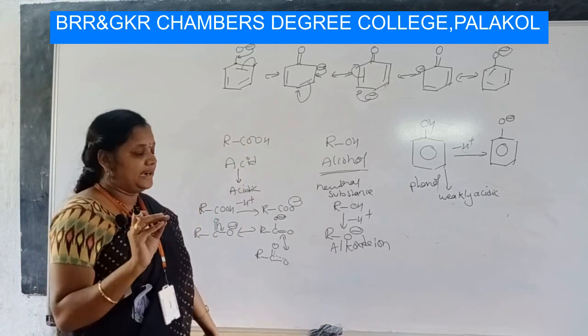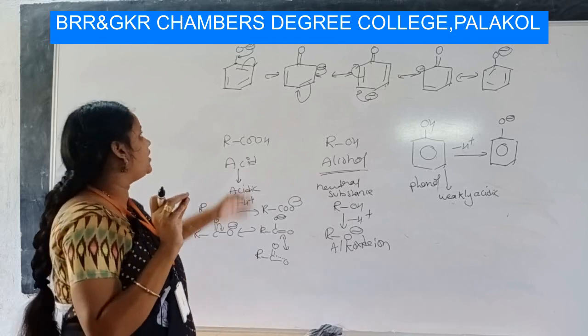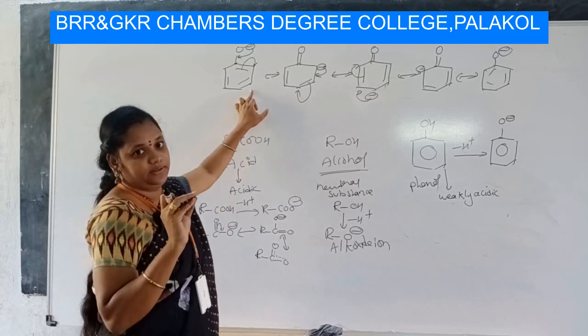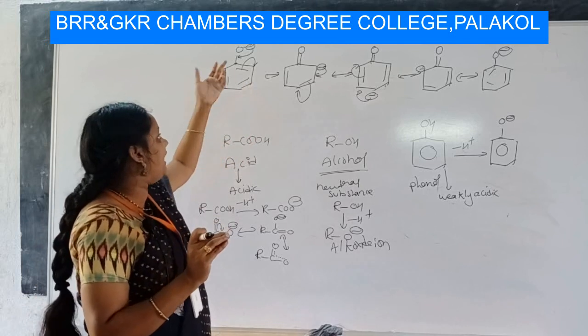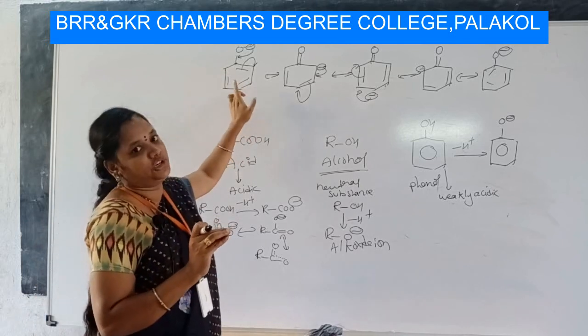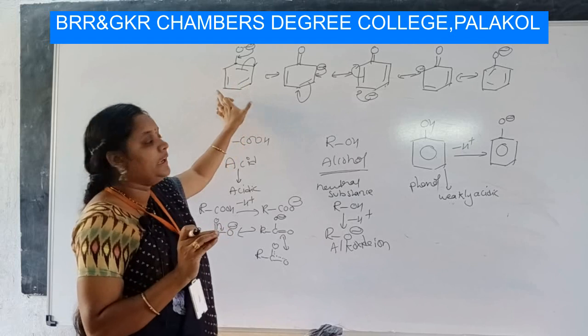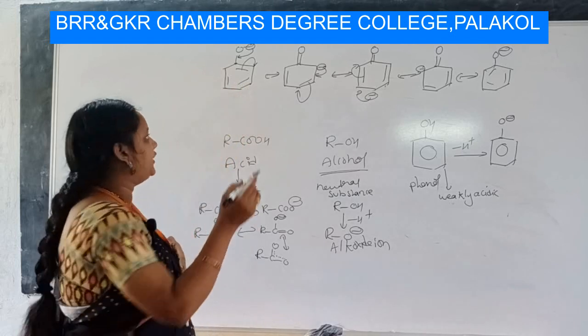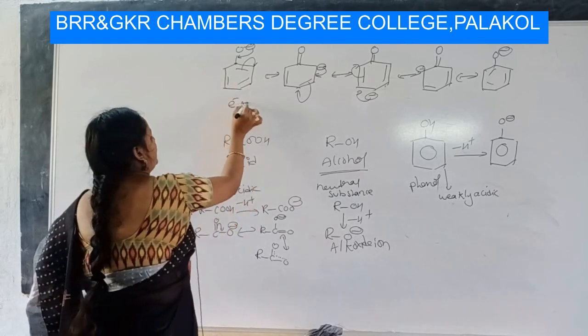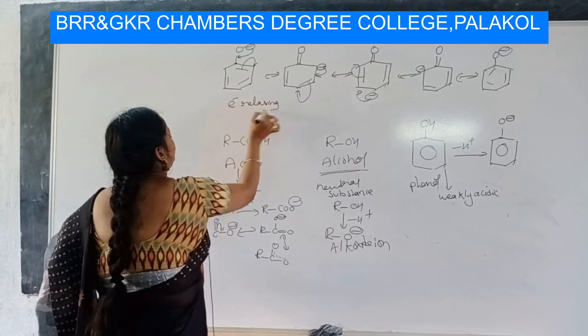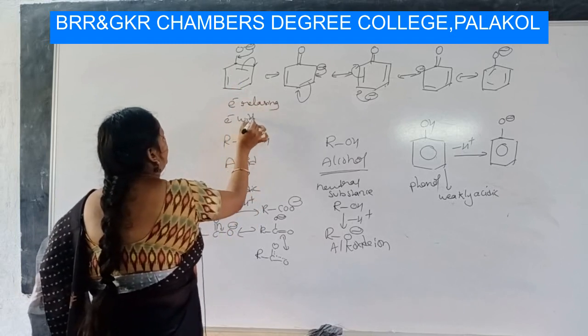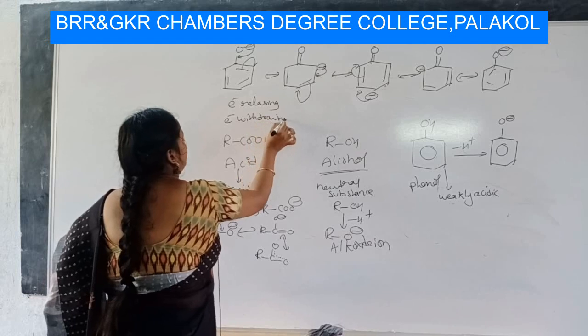The case is that if you have an electron releasing group in addition on the ring, what happens? If you have an electron withdrawing group, what happens?